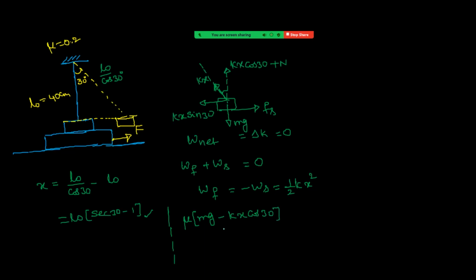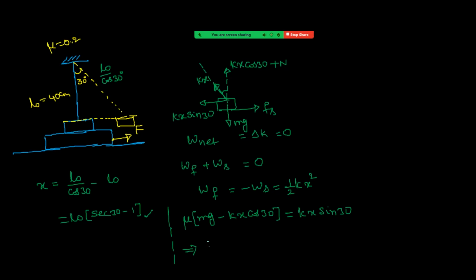Mu into normal reaction, this limiting friction, is balanced by kx sin 30. Okay. So from this, we are supposed to calculate k value because in this x is known.